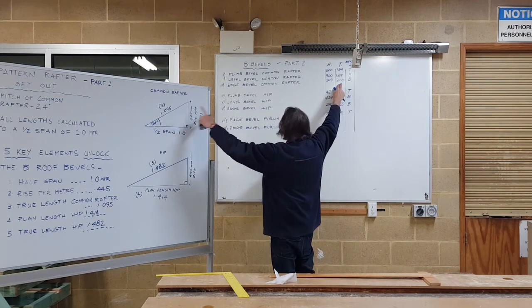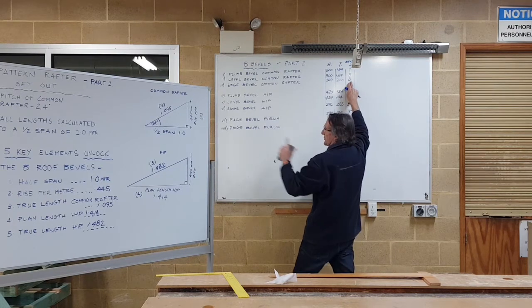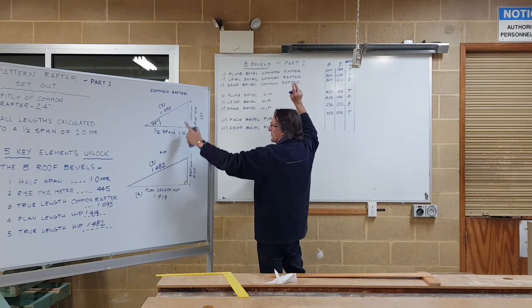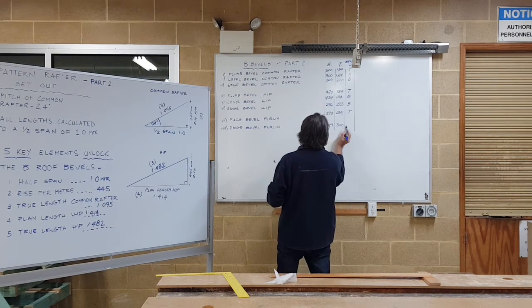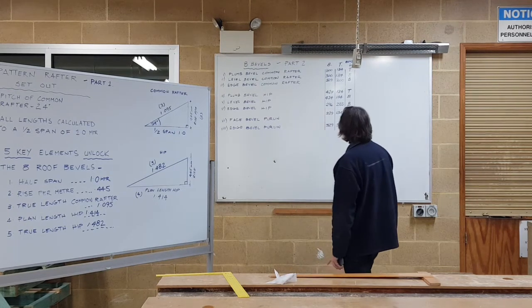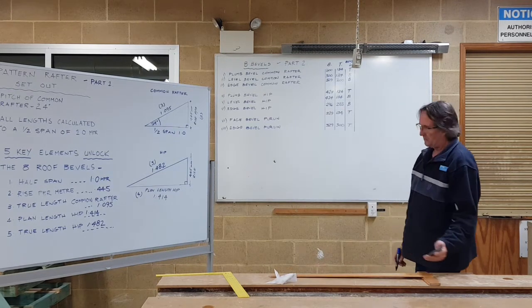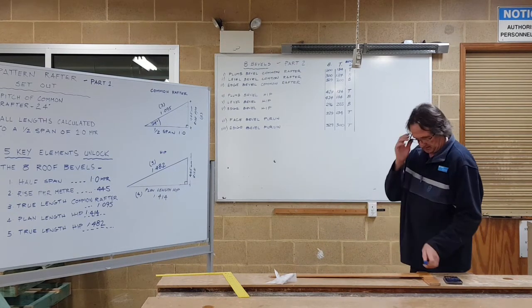When we were doing edge bevel common rafter, the bevel was found on the blade, the true length, the larger of the two. Well, down here, edge bevel purlin, the 329 doesn't change, the 300 doesn't change, but now the bevel is found on the tongue. That's fantastic.